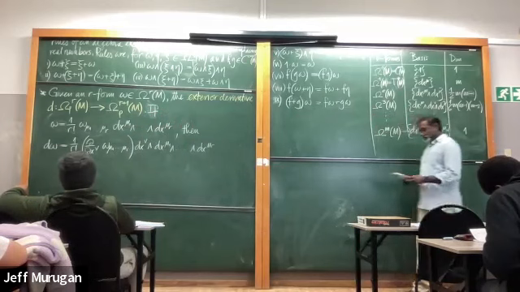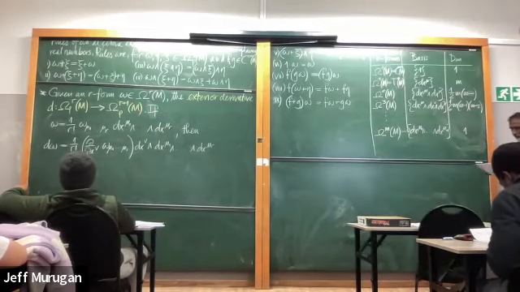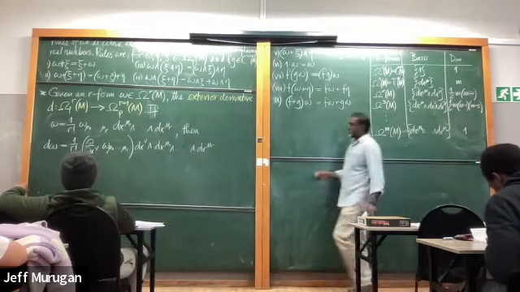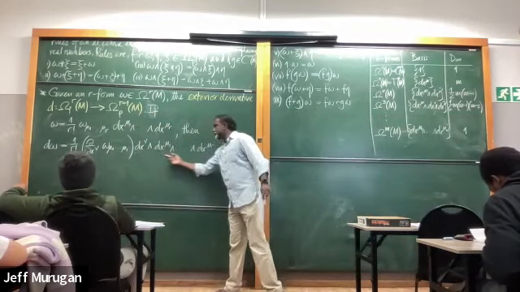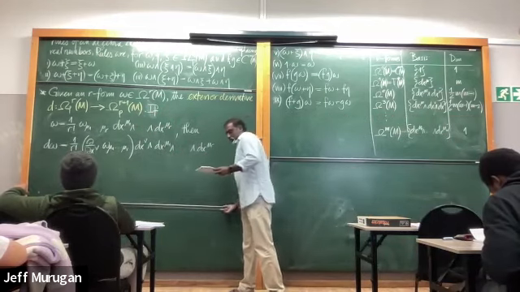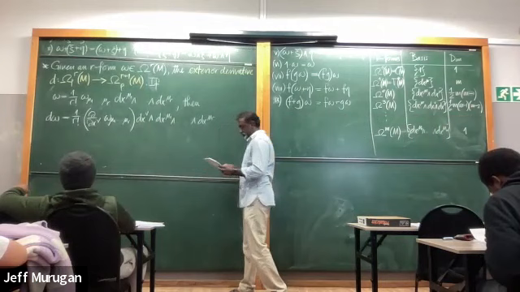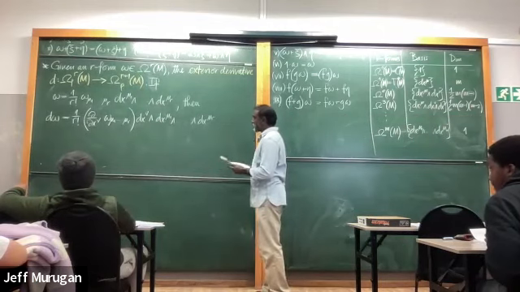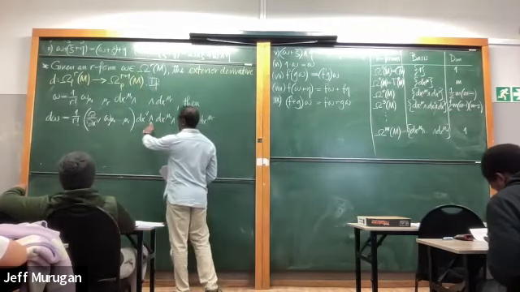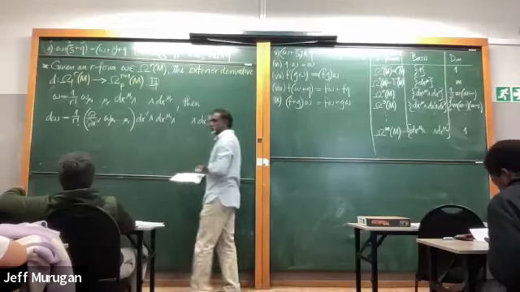So if we start with an r-form, we end up with an (r+1)-form. And the fact that this is a wedge product automatically antisymmetrizes this coefficient.